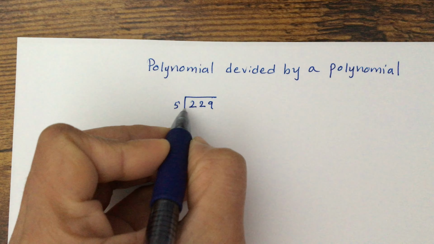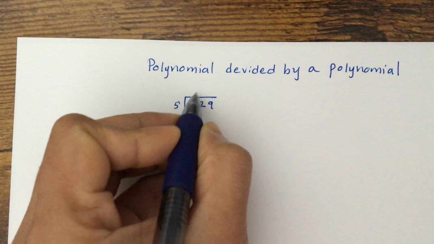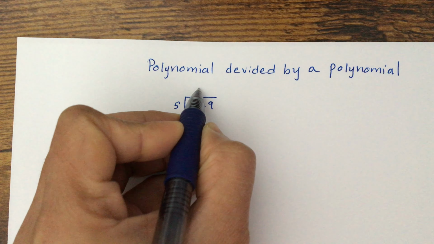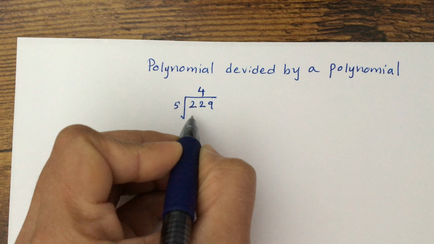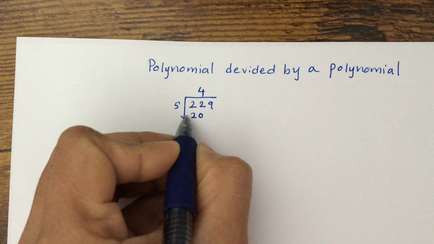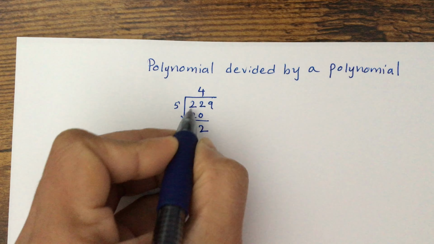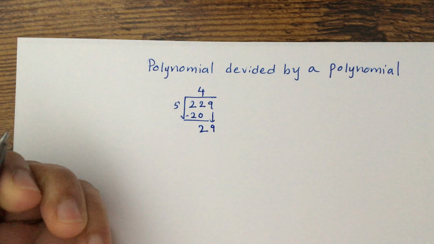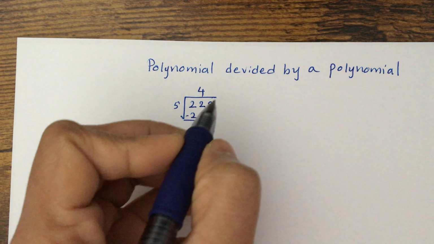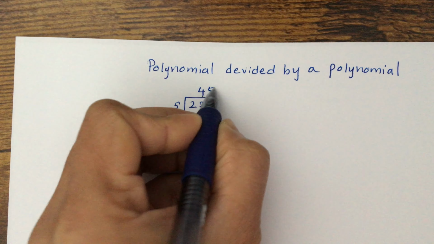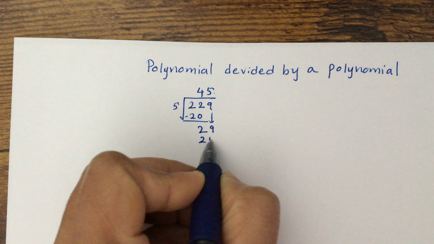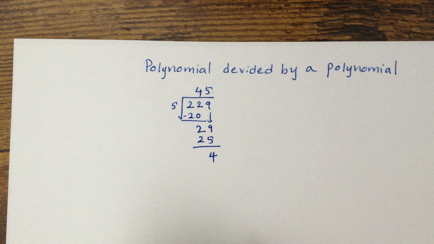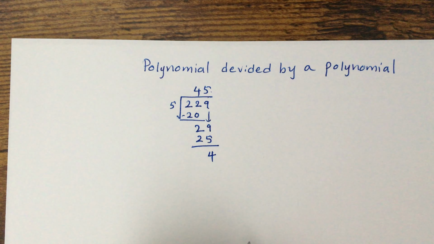So 22 is divided by 5. 4 times 5 is 20, and then you subtract, it is 2 and this is 0, and then you take this one over here and then consider 29, and then 29 is 5 times 5 is 25, and the remainder is 4. So this is how you do the long division, right?